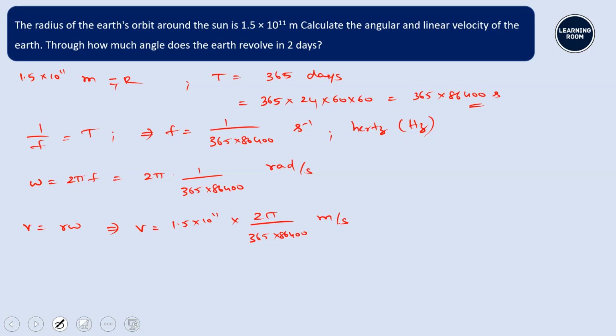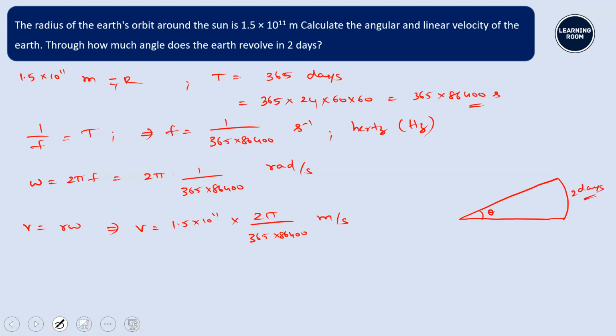Right? Now the next question is, to what angle or how much angle does the Earth revolve in 2 days? So this angle theta, they're asking how much angle would it subtend at the Sun after 2 days of time.